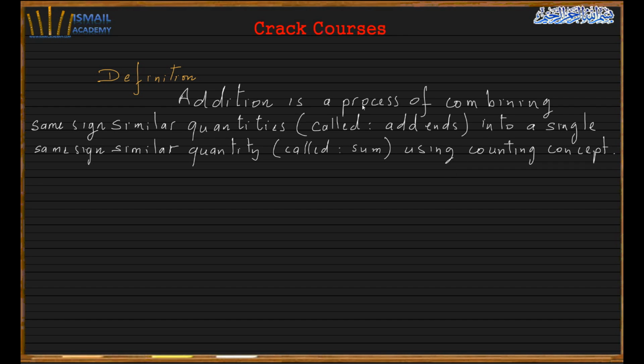So addition is a process of combining same sign similar quantities, so the sum must be the same sign. Similar quantities are the same type of quantities, combined into a single same sign. That means the output becomes the same sign as the components, called the sum. You see, the definition is the same definition.